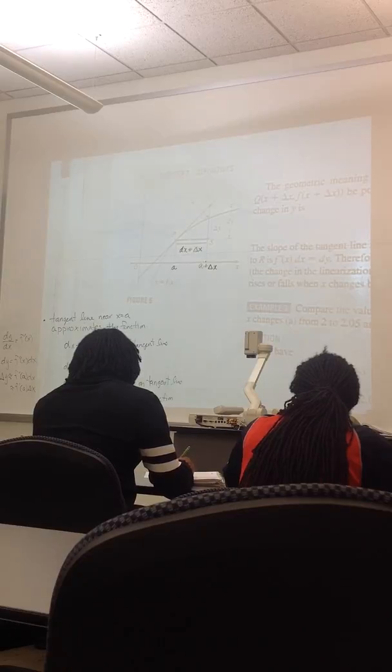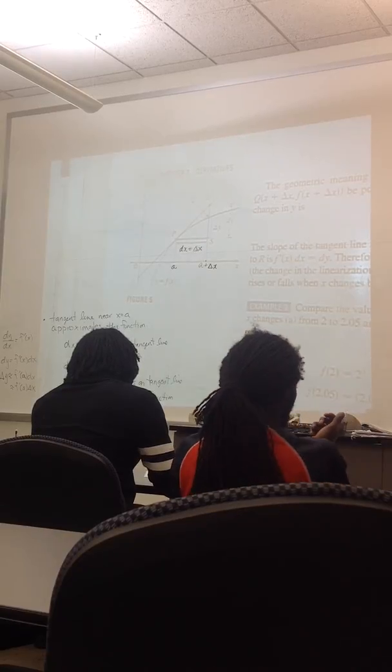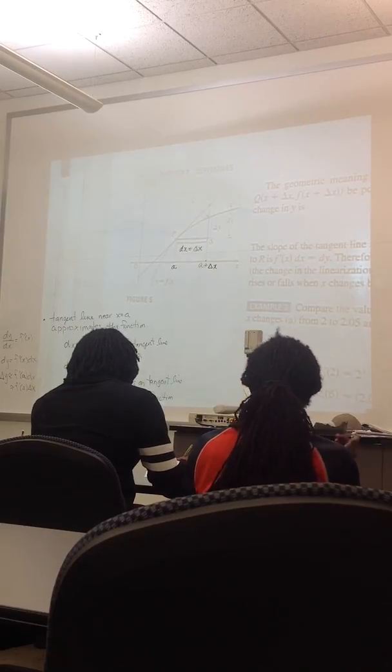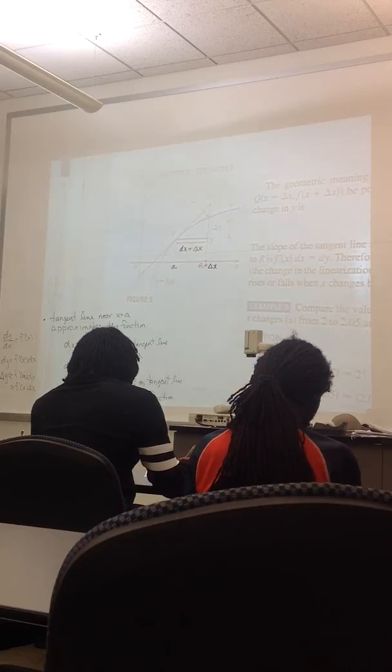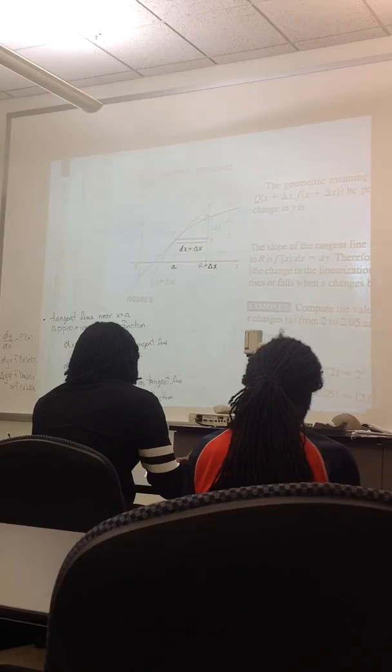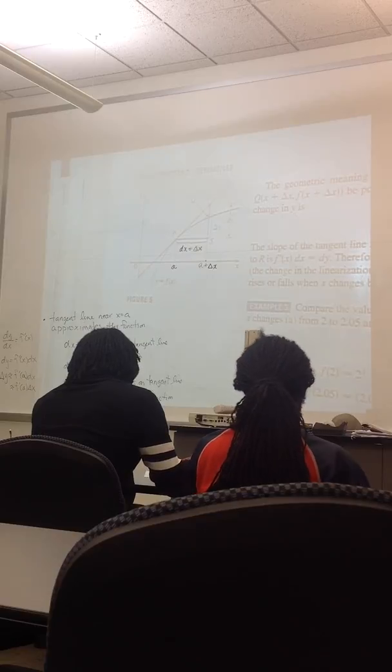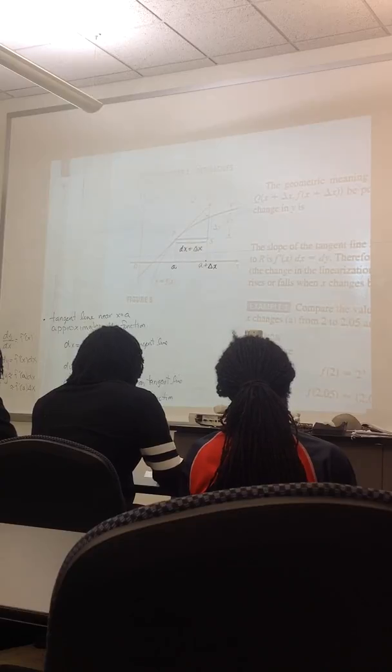So let's suppose your function was a profit function, and you were interested in how much will my profit change if I increase my production from 5,000 to 5,100. Okay, changing from 5,000 to 5,100 is changing by a little bit relative to 5,000.